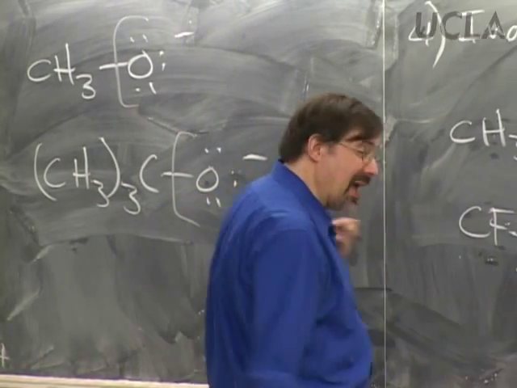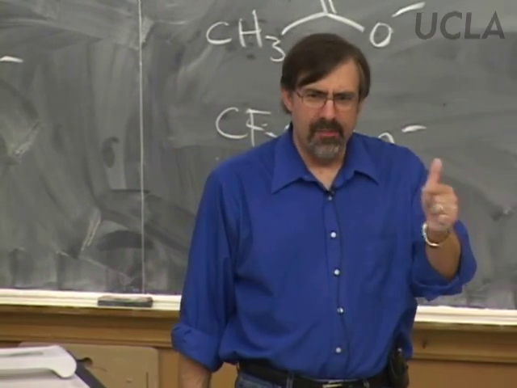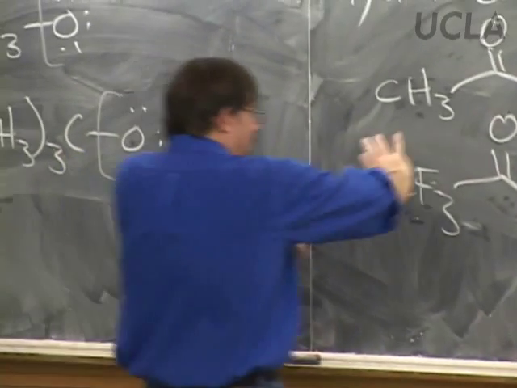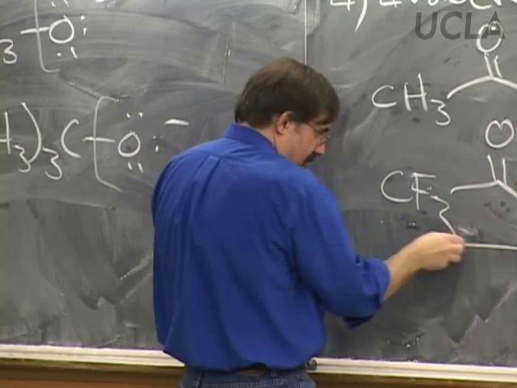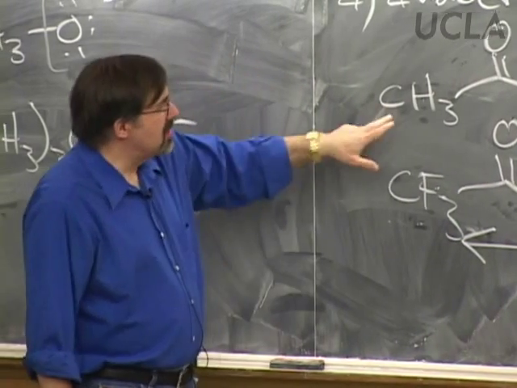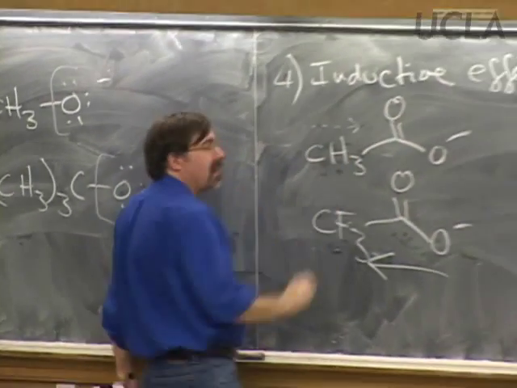These fluorines, being highly electronegative, are taking electron density away from their neighbors. They're pulling electron density from everywhere in space around them towards themselves. Methyl groups don't do that. As a matter of fact, methyl groups are weak electron donors.